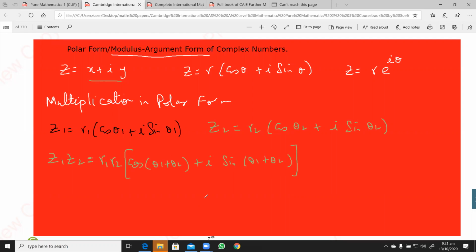Now you have to prove why it is so. Let's multiply them. This is r1 cos theta 1 plus iota sine theta 1 multiplied by r2 cos theta 2 plus iota sine theta 2. Now come on, you have to multiply this and prove that this is really what I have written.